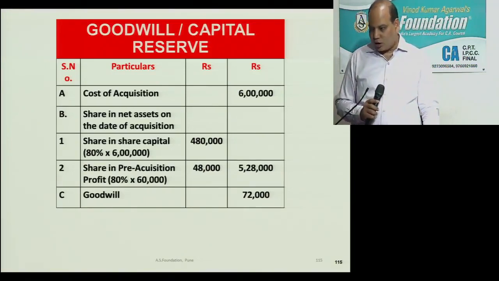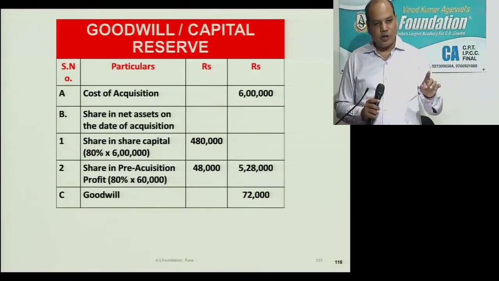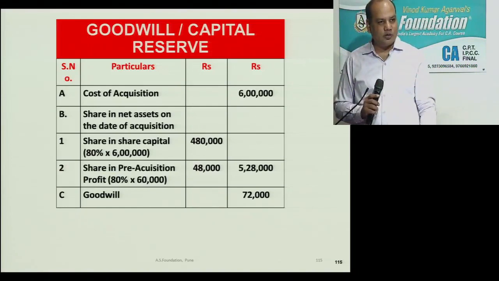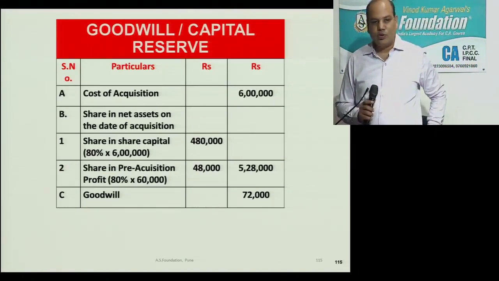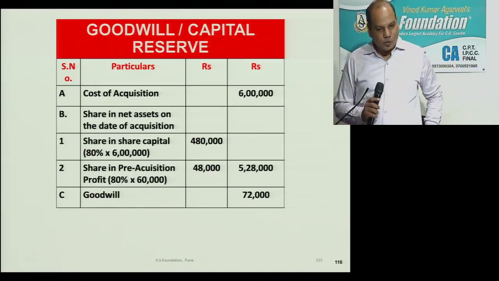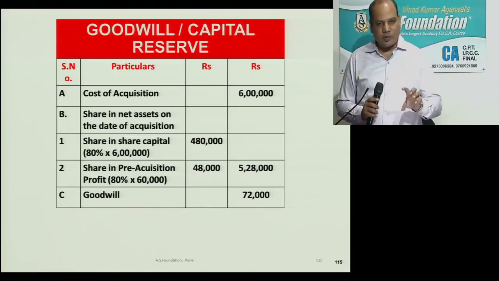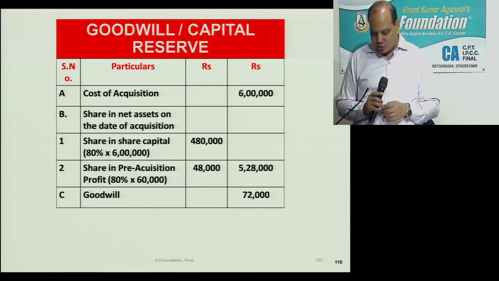4,80,000. I don't know the balance sheet of the opening date, so I will have to go by share in share capital and share in pre-acquisition profit method only. This time I can't apply the asset minus liability route because we do not have the opening balance sheet of the subsidiary. But we know the share capital, assuming no change in share capital, and the pre-acquisition reserve is given to us.